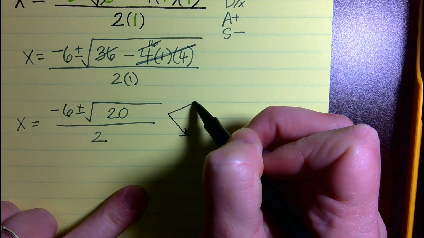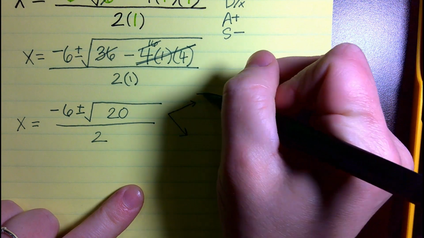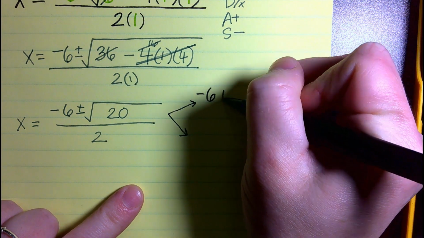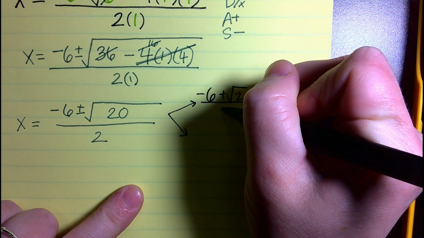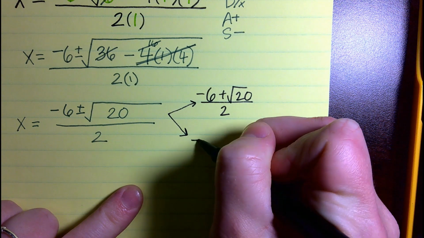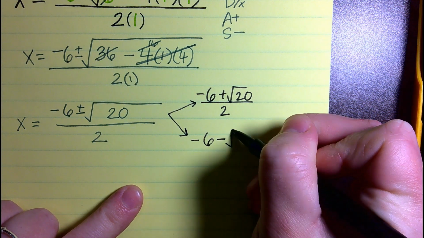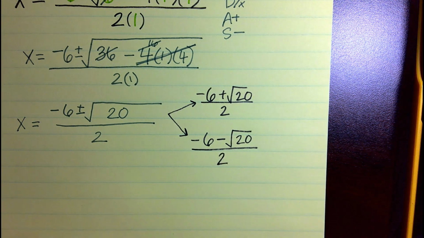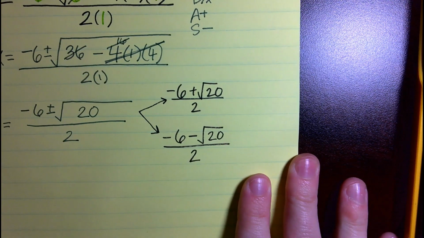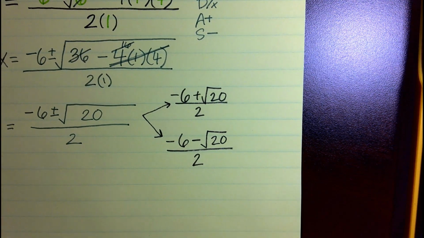We're separating it to negative 6 plus square root of 20 divided by 2 and negative 6 minus square root of 20 divided by 2. Okay? So I just separated them.